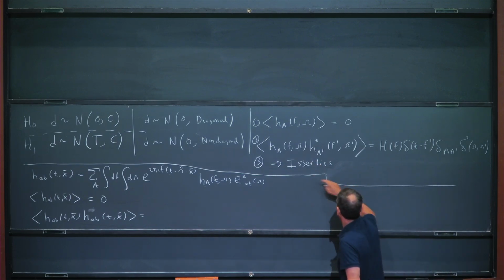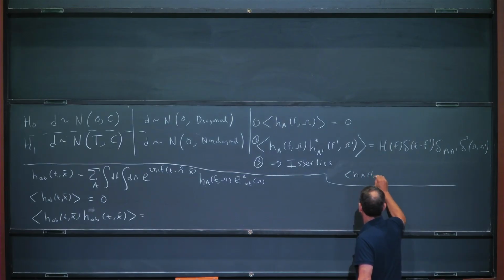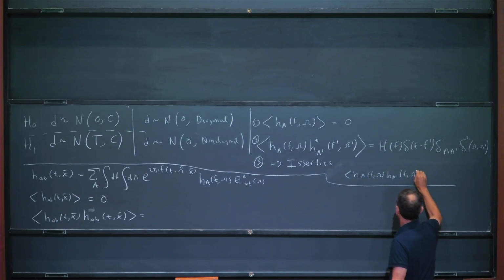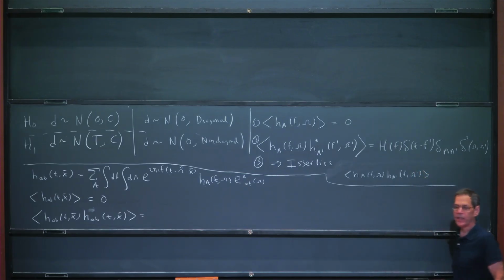You might wonder, by the way, what about the expected value of h_A of f, omega, h_A prime of f prime, omega prime? How do I calculate that? Can anybody tell me how I do that, given the information that's there in 1, 2, and 3? I snuck this in before.